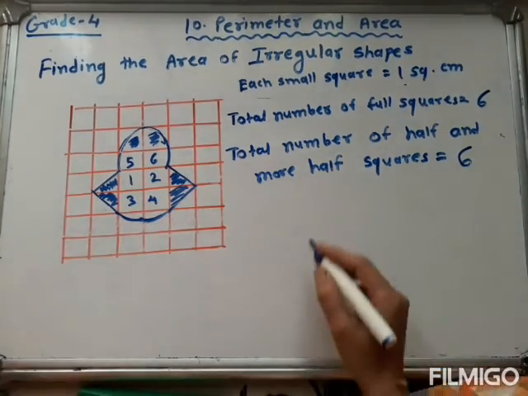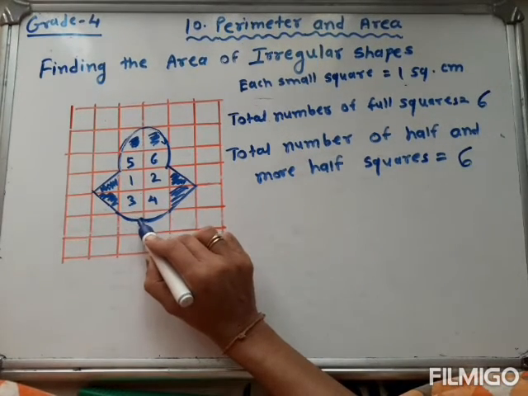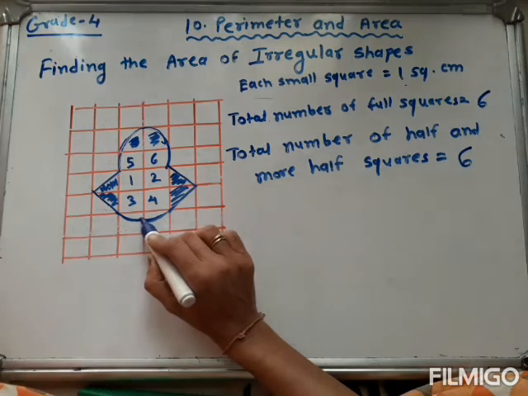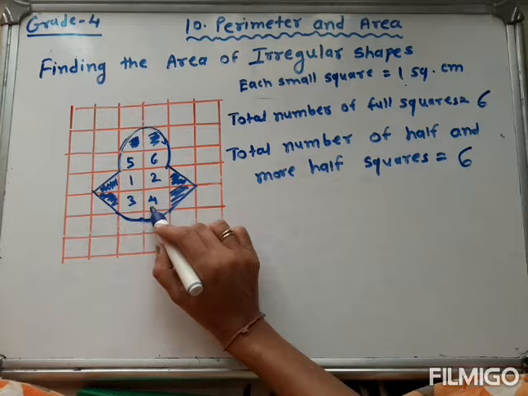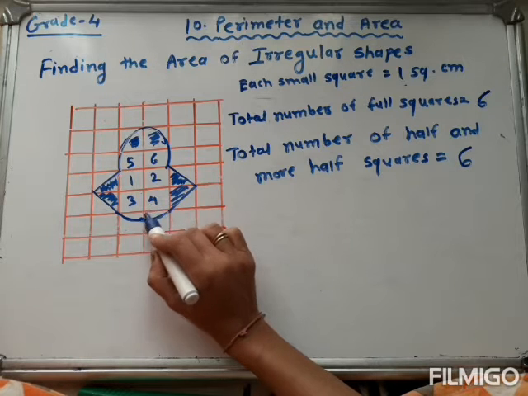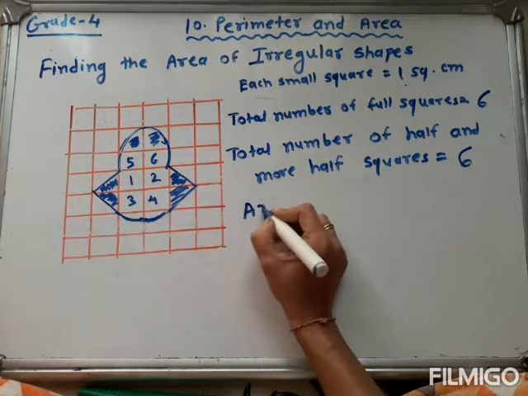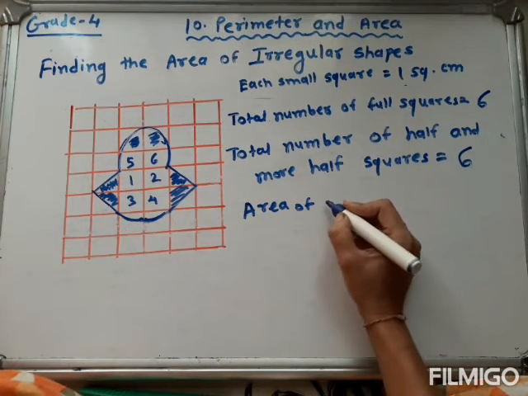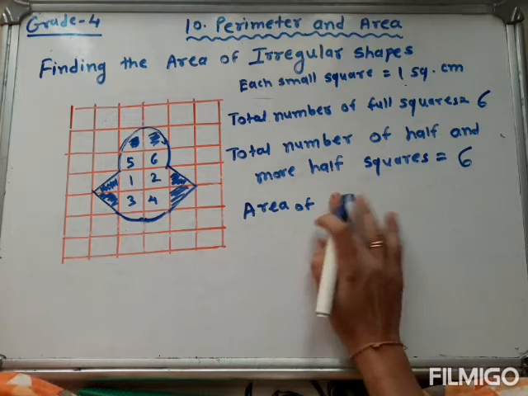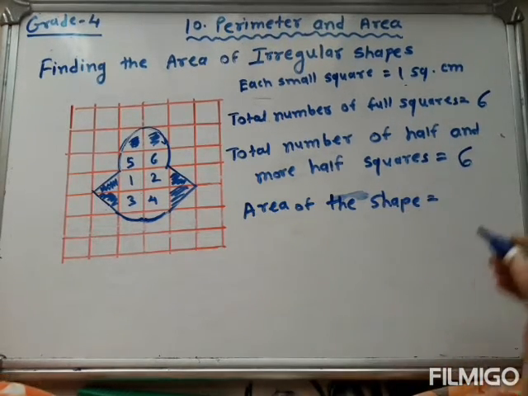Then we ignore these two squares that are covered by less than half. So the area of this figure is equal to how much?